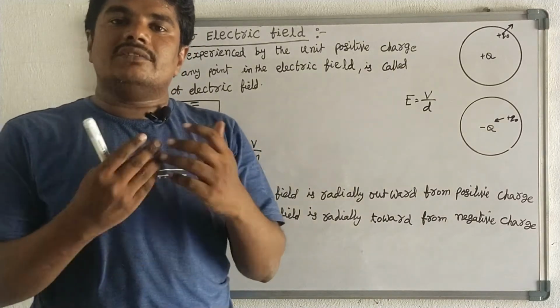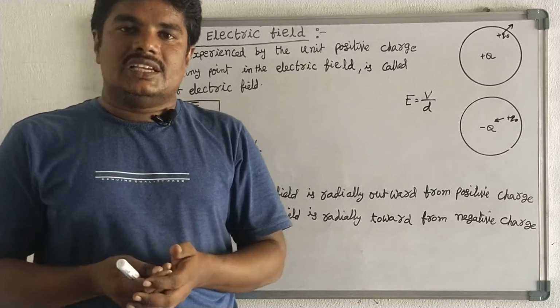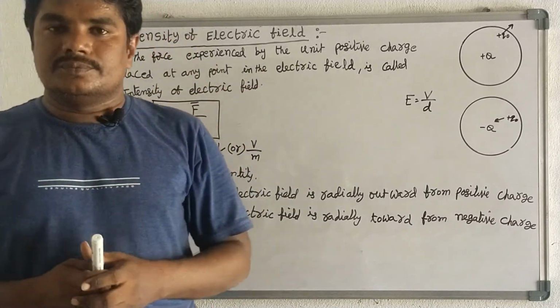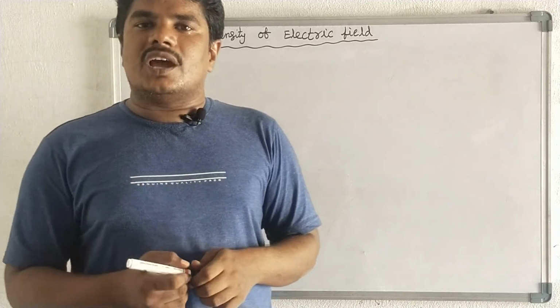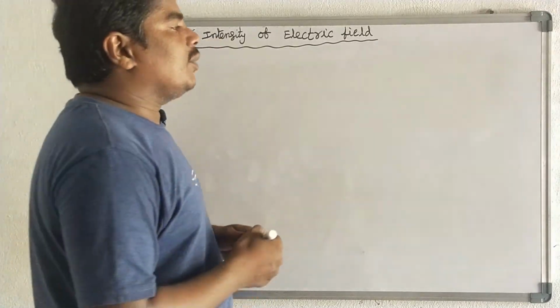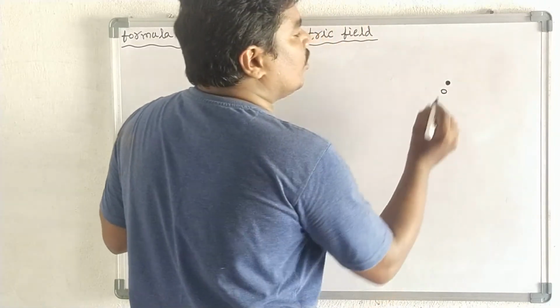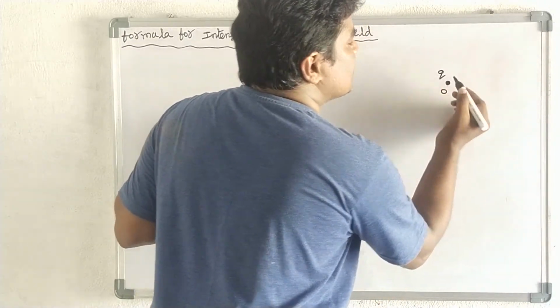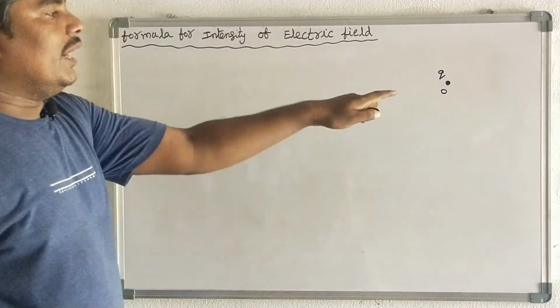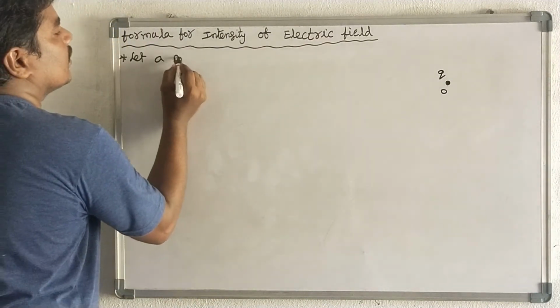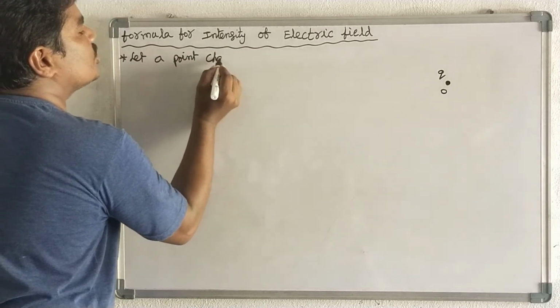Now we derive the equation for this intensity of electric field. Let a point charge Q be placed at the point O. This is the point O, and we place a point charge Q at that point.